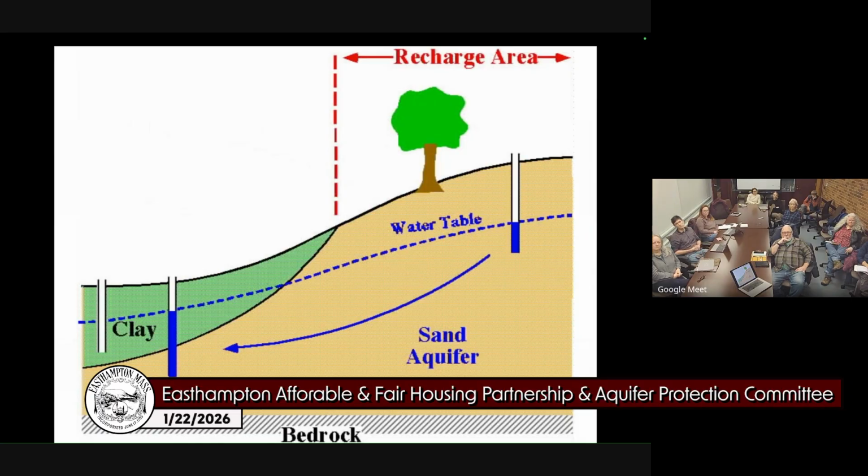And so this dashed line here is kind of a theoretical surface. It's the level to which water will rise in a well, if you were to put the well there. This is what's called a potentiometric surface, a pressure surface, and it can actually be above ground level, in which case you drill into it and you hit water and the water comes out of the well and you don't need a pump.